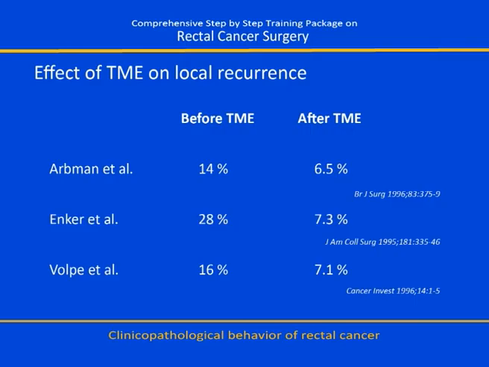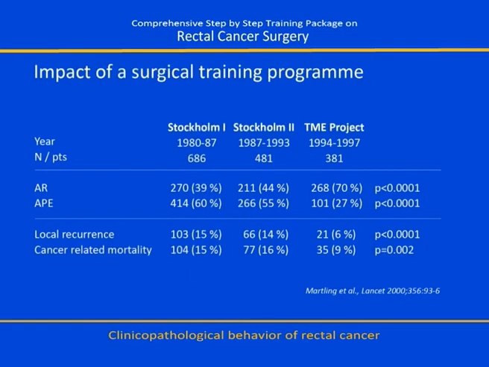Enker, of course, in the United States was working in a parallel way and was reporting his own results, which showed an even greater fall when he adopted the TME technique. Similarly with Volpe in the United States, incidentally an old personal friend of mine.